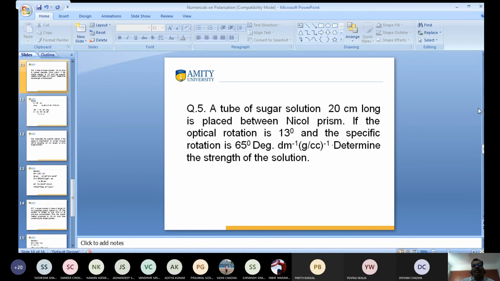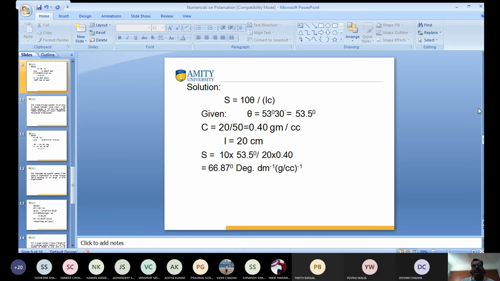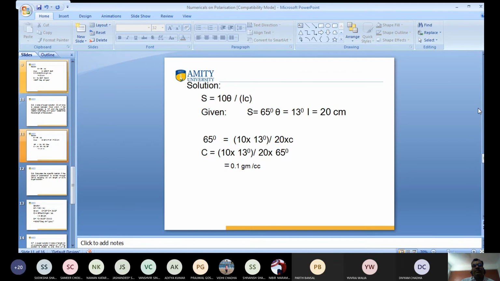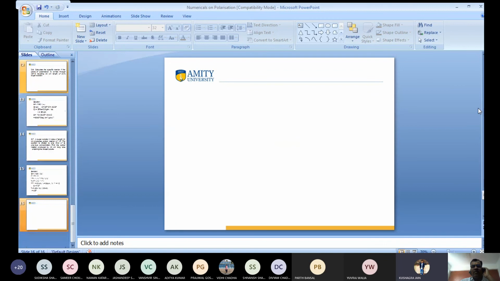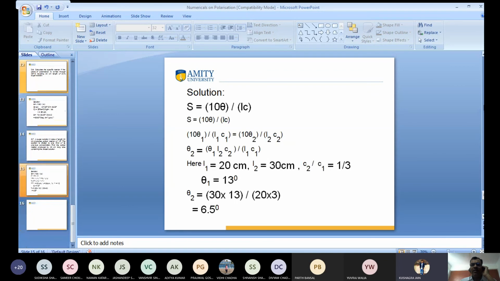Any doubt, anyone? Sir, have you added this PPT in LMS? Why? Are you not studying here? Why am I teaching you? If LMS already has the PPT uploaded, what is the need of teaching you? No, sir, it is for revision.